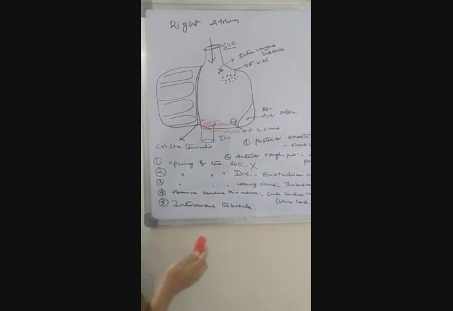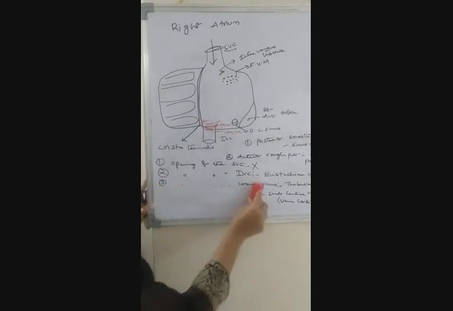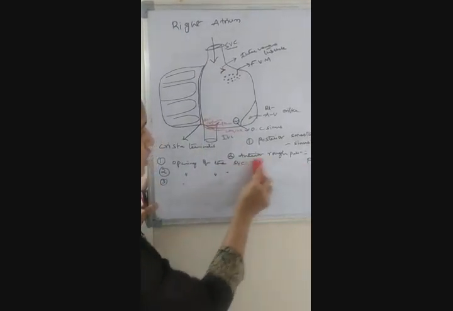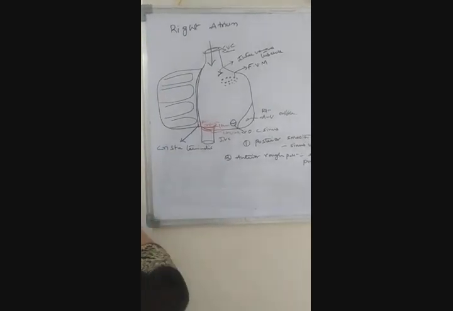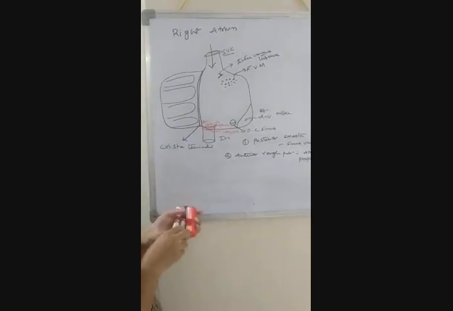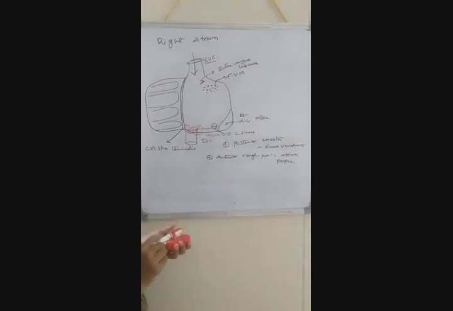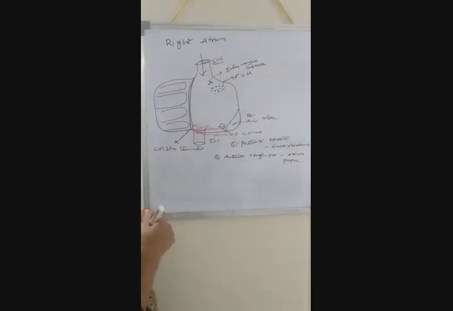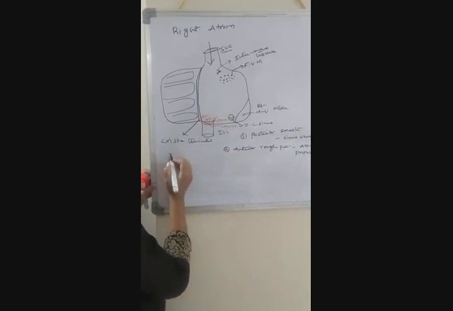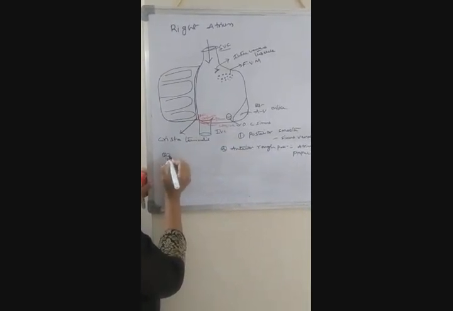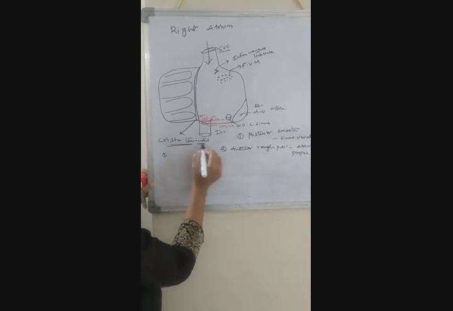Now we will discuss the anterior rough part. The anterior rough part is also called the atrium proper. So what are the features of this anterior rough part? The most important thing, the first one, is the crista terminalis.